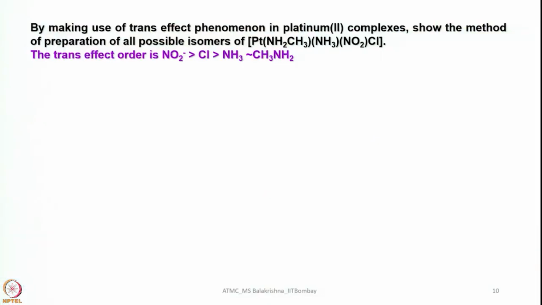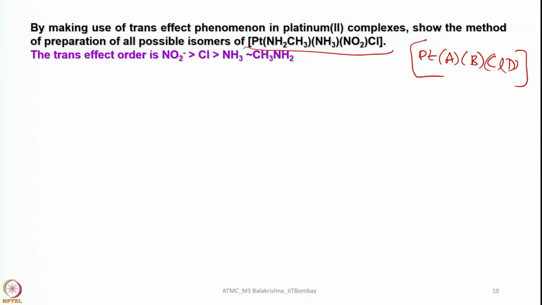So now, using this trans effect, let us see how we can make all the possible isomers. For example, consider this complex with A, B, C and D. All ligands are different, and it is a neutral complex.